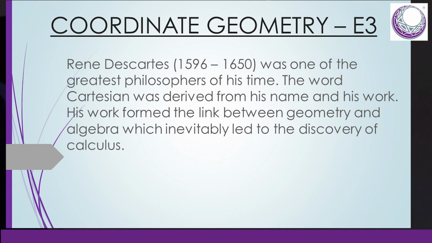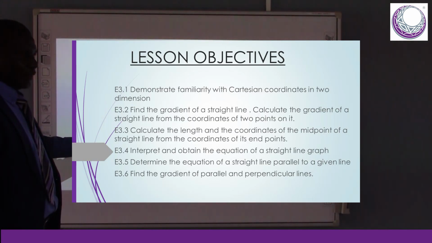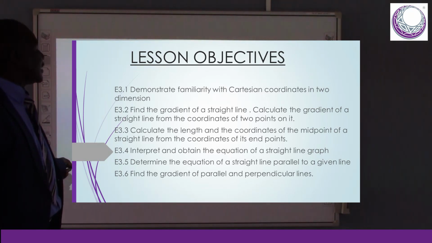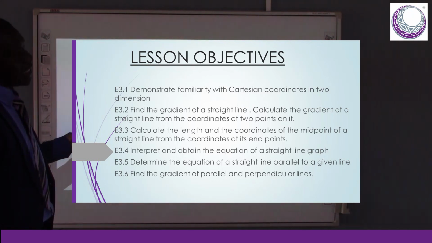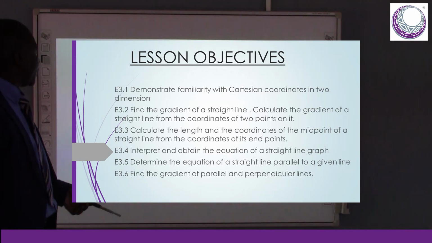So generally we are going to be looking at coordinate geometry, and we shall look at the lesson objectives. Number one, E3.1, according to our syllabus 0580, stroke 21, stroke 42, where we have the two papers.